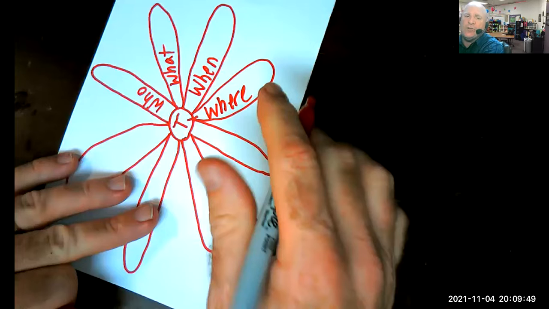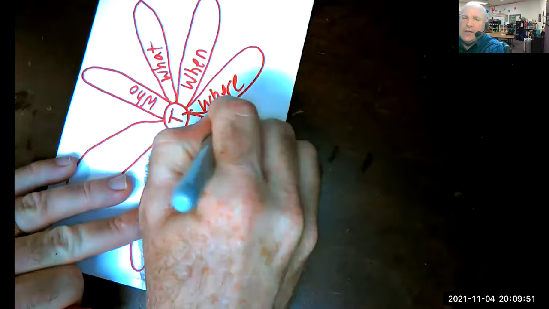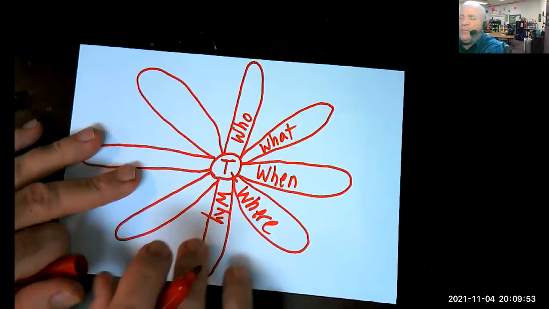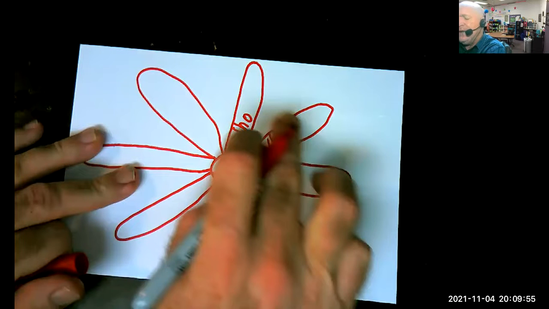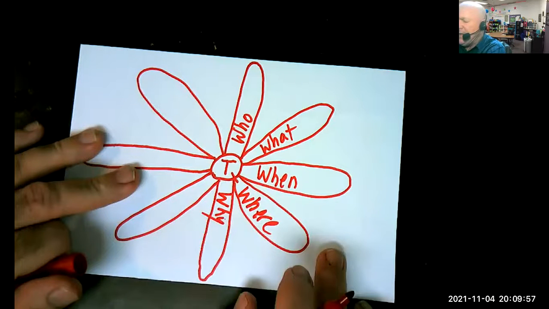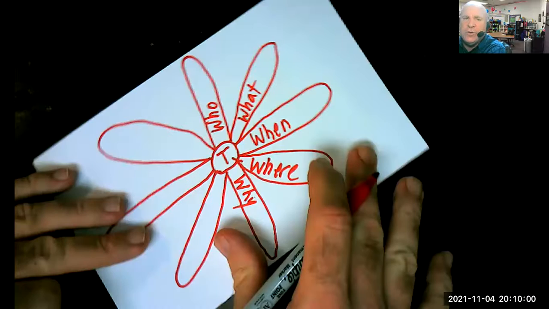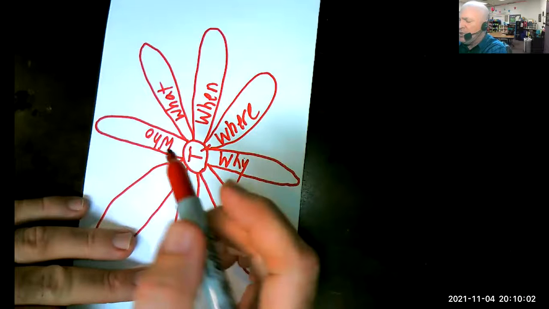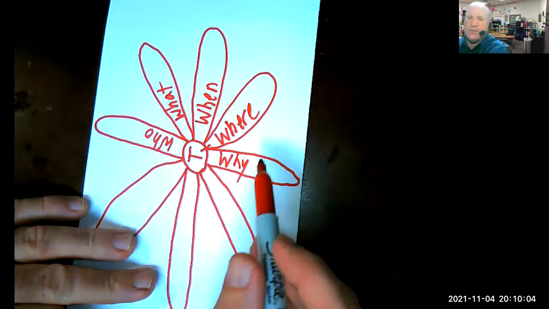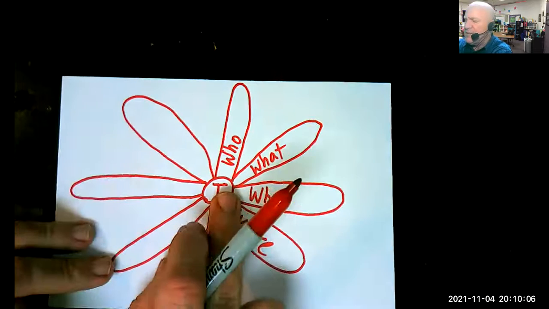So you want to get your students used to understanding which one of the basic 5 W's they're asking. And in the old days for 4th grade, those were the only topics, the prompts that were given were based on the 5 W's.